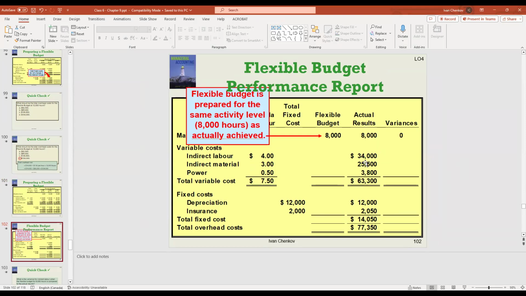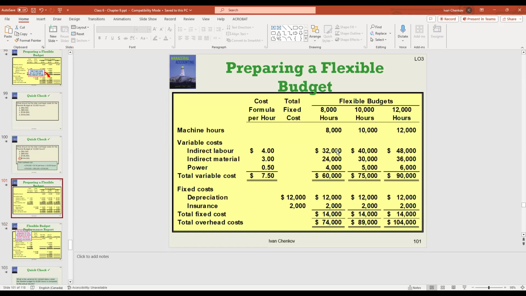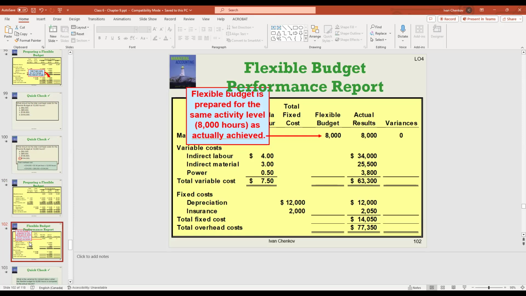Is that good for us or not good for us? No, because it was higher. How much higher is it? 32 versus 34. 2,000. Will 2,000 be favorable or unfavorable? Unfavorable, because we're overspending.